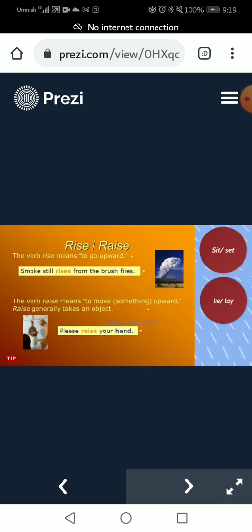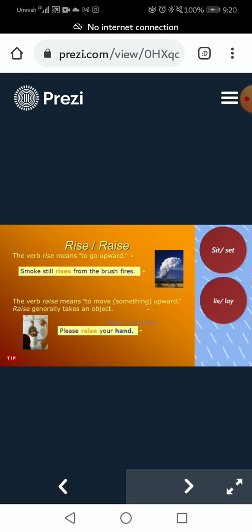Here we have rise and raise. Now the verb rise means to go upward. Smoke still rises from the brush fires. The verb rise here is an intransitive verb. We don't have an object in this sentence, and still it expresses a complete thought.